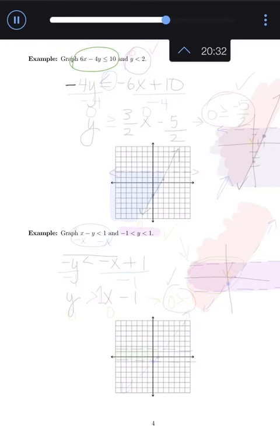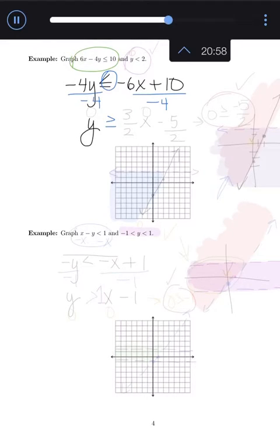That would give us negative 4y is less than or equal to negative 6x plus 10. Then the last step would be dividing both sides by a negative 4. Be careful though, dividing both sides by a negative will flip the direction the inequality is pointing. So this will become y is now greater than or equal to.